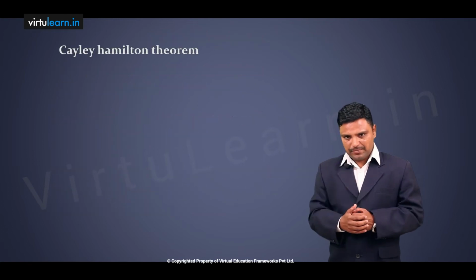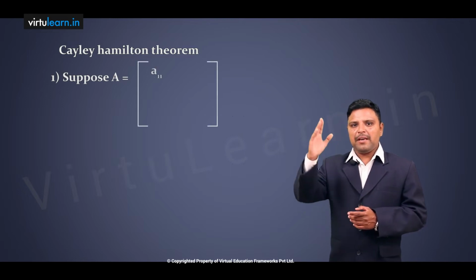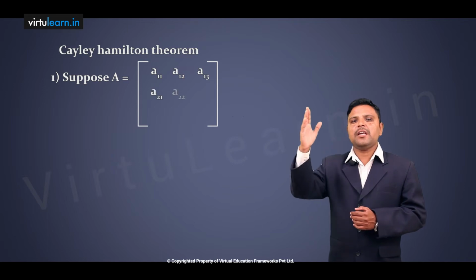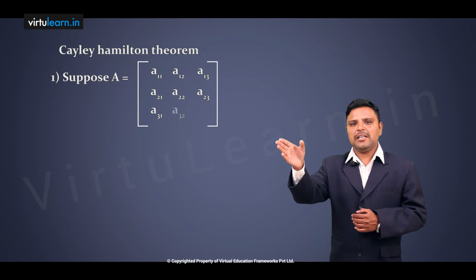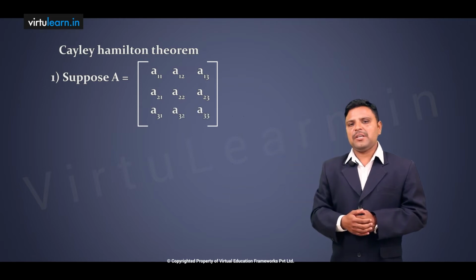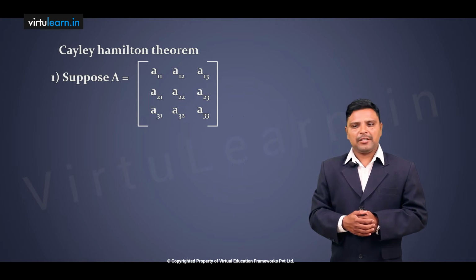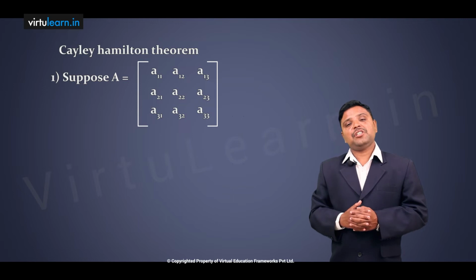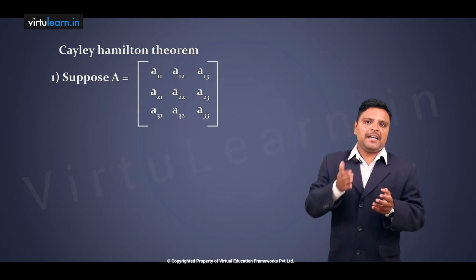Now procedure. First, suppose a matrix A equals A11, A12, A13 in the first row, A21, A22, A23 in the second row, third row A31, A32, A33. This is a 3 by 3 matrix. In our syllabus, they will give 3 by 3 matrices only. Second step, first you calculate the characteristic equation of this matrix A. Already we have done this procedure in eigenvalues and eigenvectors.